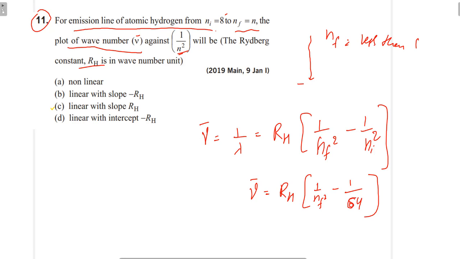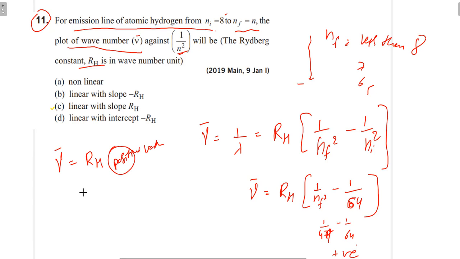It may be 7, 6, 5 and so on. Suppose I am assuming 1 by 7 square minus 1 by 64. 1 by 7 square is 1 by 49. 1 by 49 minus 1 by 64, obviously I will get a positive value. I never get a negative value. Okay, nu bar equal RH times a positive value. So here y equal mx plus 0.